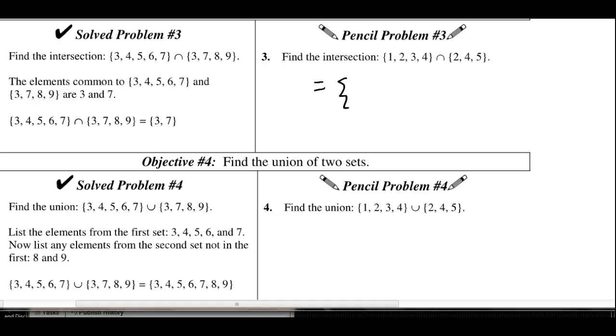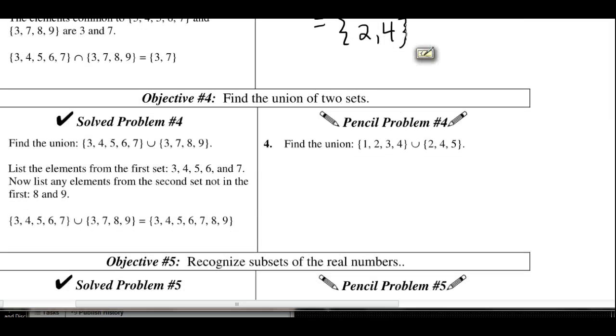Notice 1 and 3 is only in the first set, and 5 is only in the second set. So our intersection here would be 2 and 4, and then we would close the braces. And that is our intersection. Easy enough.